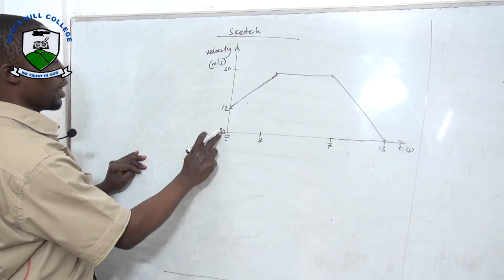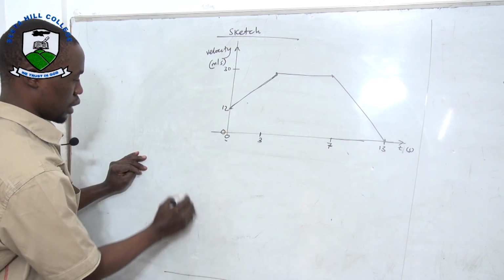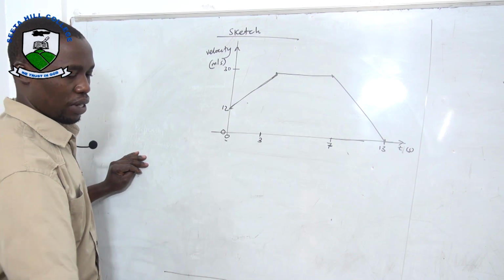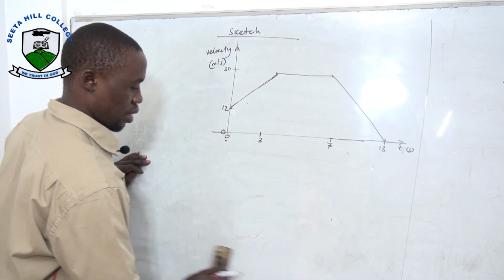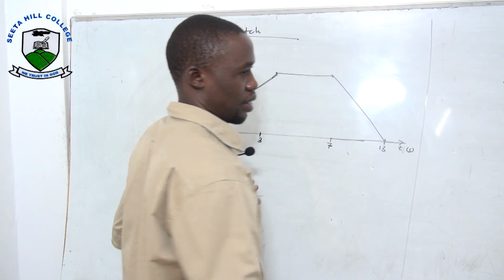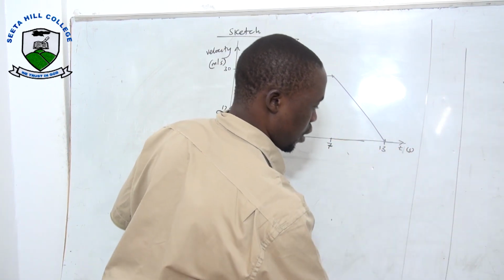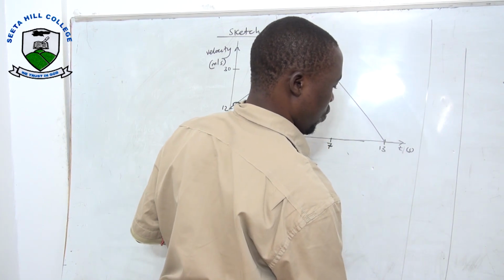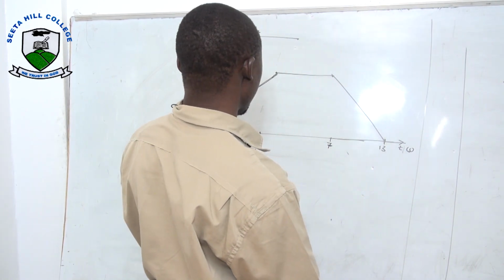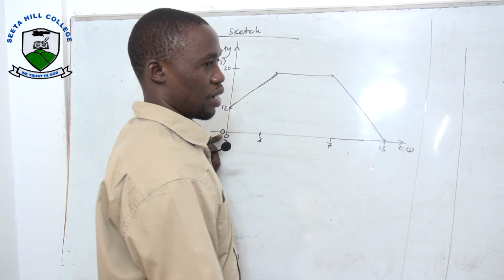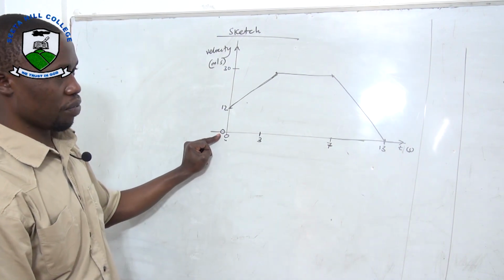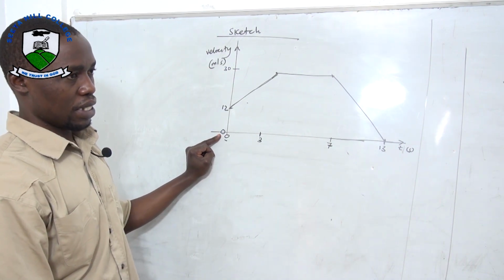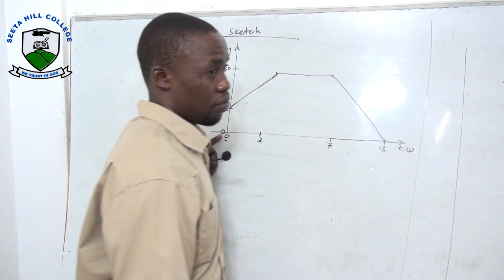Yes. Then vertically, 0 to 30, what shall we use? You can use 5. You divide 30 minus 0 divided by 10. That is 3, which we can use 5.